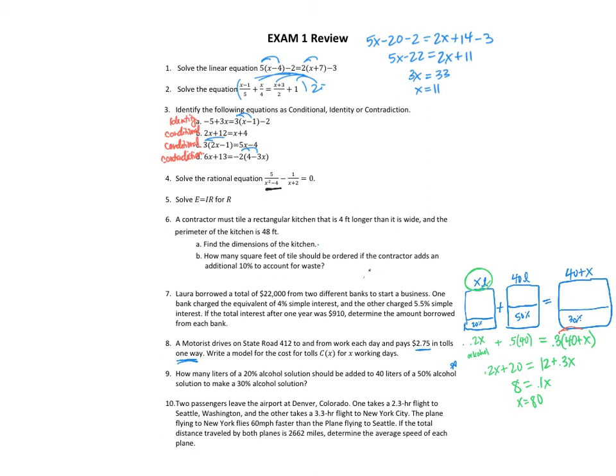Okay, so let's think about the things that I know and the things that I don't know. The thing I'm trying to determine in the end is the average speed of each plane. So let's give some variable names to this. I've got Seattle and New York.